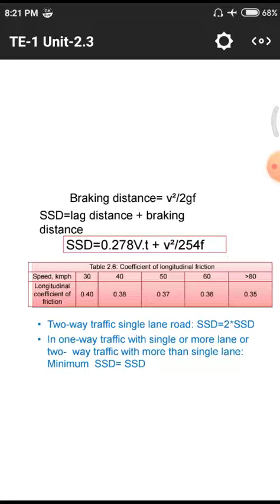Ahead to each other means one way they are going, and in the other way opponent vehicles are going. But in the case of two-way systems, that means one way vehicles simply go in one direction, and in the other way vehicles go the other direction, so we are maintaining a huge amount of speed, so that SSD equals 2 times SSD in two-lane roads. For a one-lane road we are having the normal SSD.